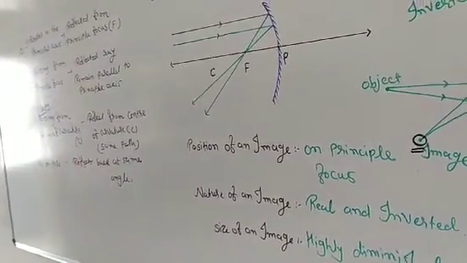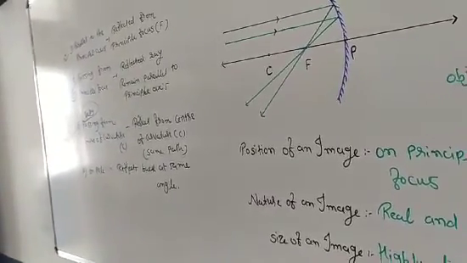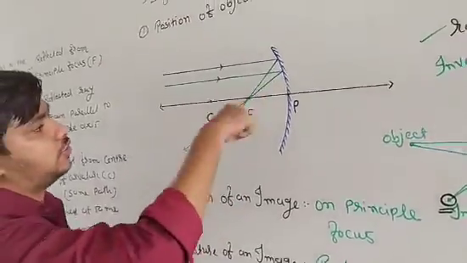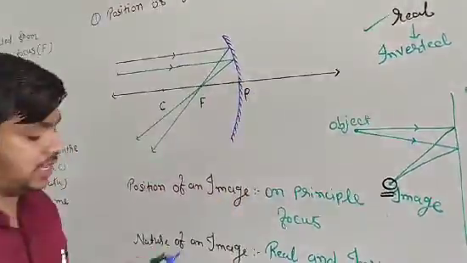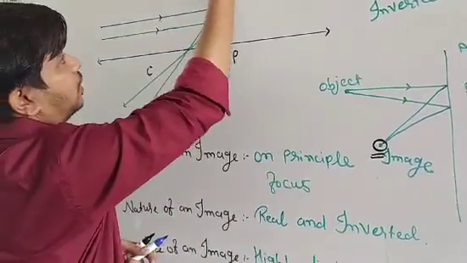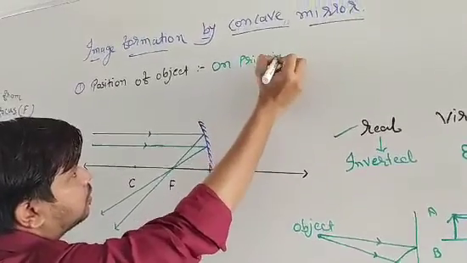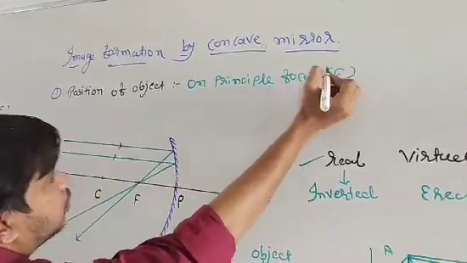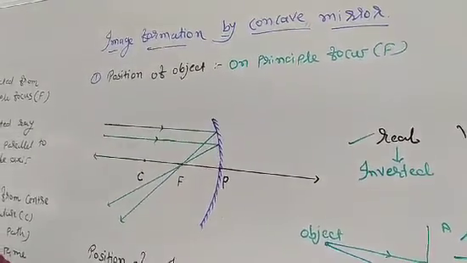Now this second one. In the second one we are just drawing it here. Now if we take the position of the object on the principal focus, what occurs here? When at infinity we get the image on the principal focus.